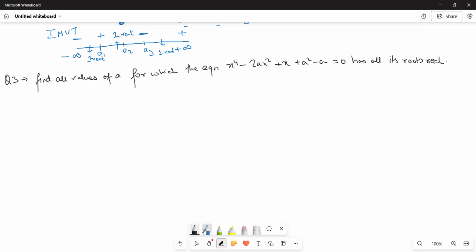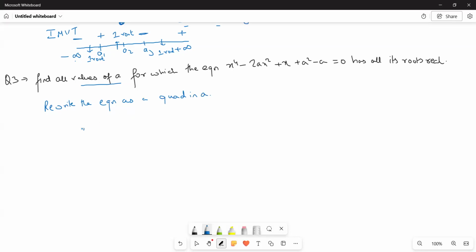Okay, the mechanism of solving this for all values of a for which the roots are real, we do it in this way. Since we have to find the values of a, what we do is we rewrite the equation as a quadratic in a.